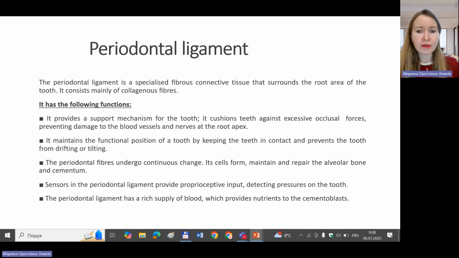The periodontal fibers undergo continuous change. Its cells form, maintain, and repair the alveolar bone and cementum throughout life. It acts as a sensor and provides proprioceptive input, detecting pressures on the tooth and preventing it from being cracked. The periodontal ligament has a rich supply of blood, which provides nutrients to the cementoblasts.